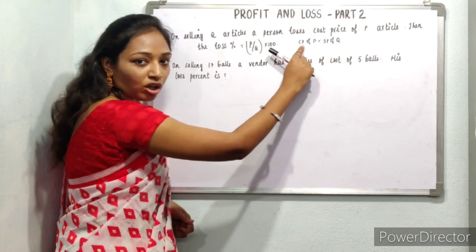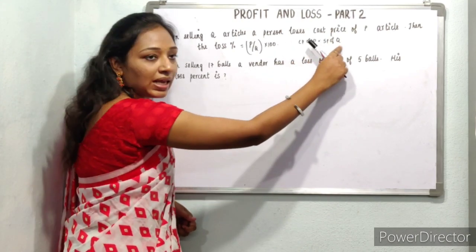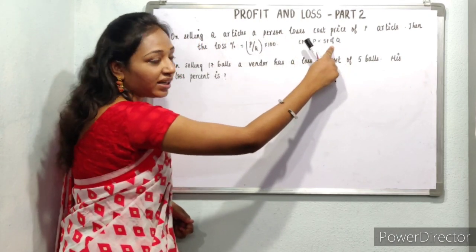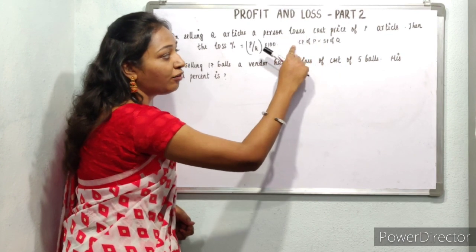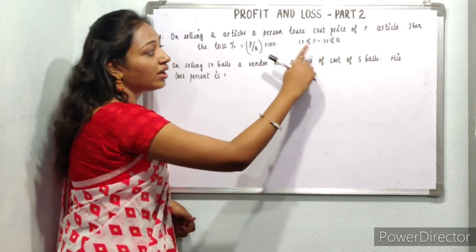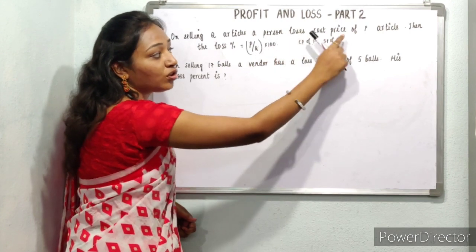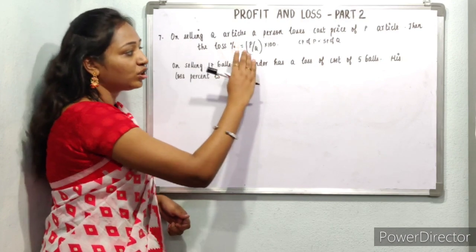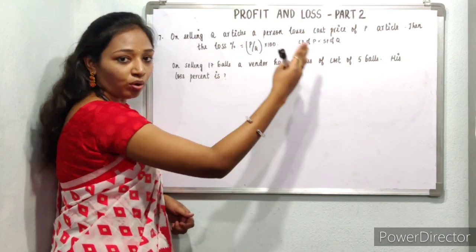Now see here, the cost price of P articles is equal to the selling price of Q articles. But what they have said here is, the loss on selling Q articles is only the cost price of P articles. Okay, so there is a lot of difference. So when you find these words, the loss of the cost price of P articles, then you have to go for this formula. I'll show you the difference between both the things.